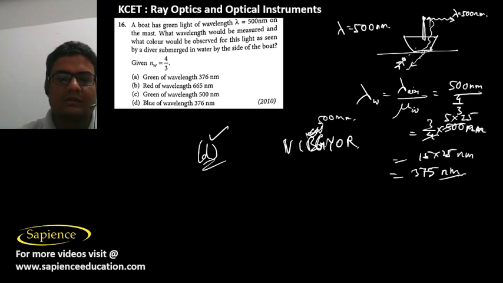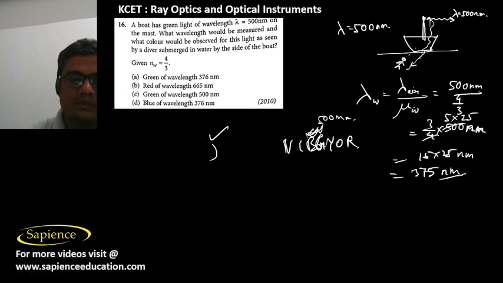actually the color of the light is given by the frequency and not by the wavelength. So the rule is, when light goes from air to water, the wavelength will change, but the frequency will remain the same.